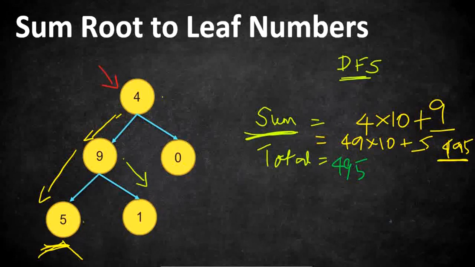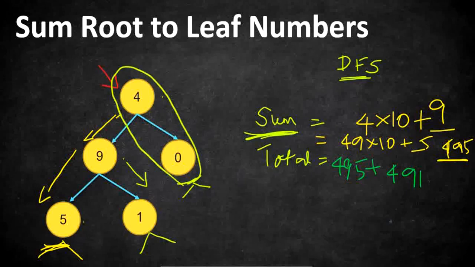Once we reach 1, there are no left or right nodes, so 1 is the leaf node. Once we reach the leaf node, it's time to update our total with the next number. And the same goes for the right side of the tree. Once we traverse through 0, we find that there is no left or right node, and we reach the leaf node, which means whatever we constructed so far in the variable sum will be updated to the total. And once we have traversed all the nodes in the tree, we return what is there in the total value. Yes, this is it, as simple as that.